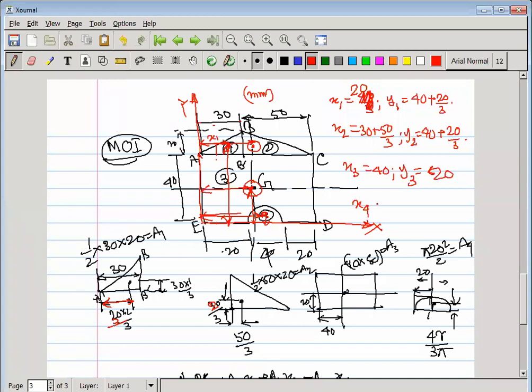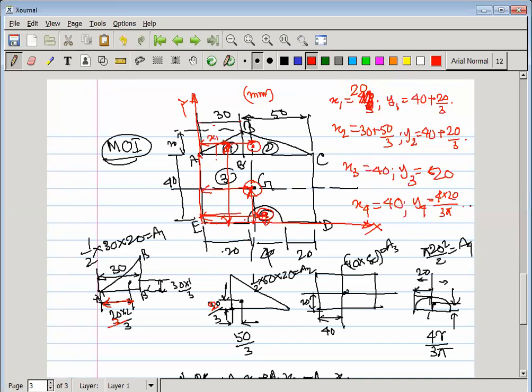And x4 is this one. So this is your 20 and this is your 20, so x4 is also 40, and y4 is 4r by 3 pi, where r is 20, so 4 into 20 by 3 pi.